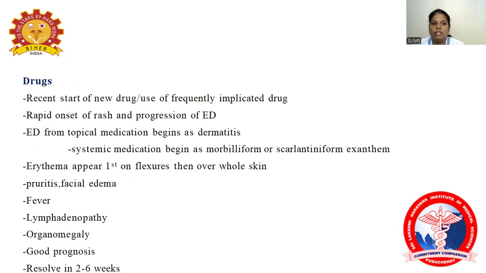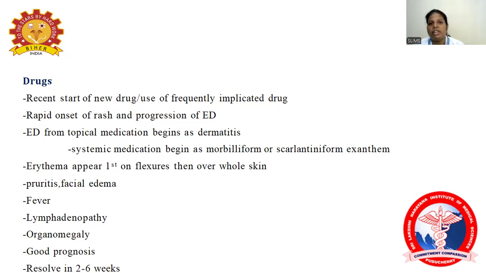What about drugs? Recent start of a new drug or use of a frequently implicated drug, rapid onset of rash and progression of erythroderma. Erythroderma from topical medication begins as dermatitis. Systemic medication begins as morbilliform or scarlatiniform exanthem.